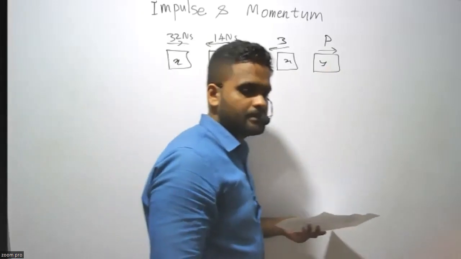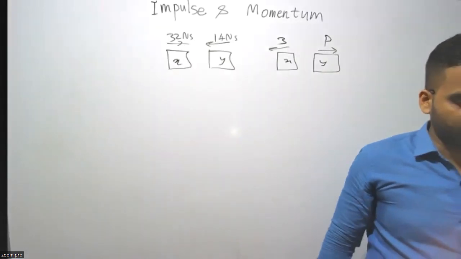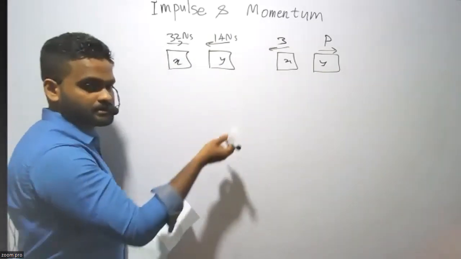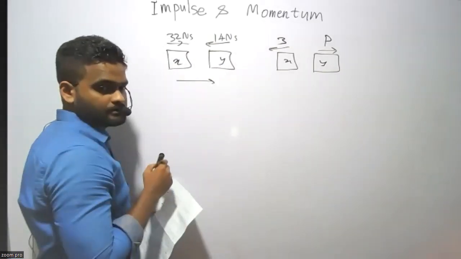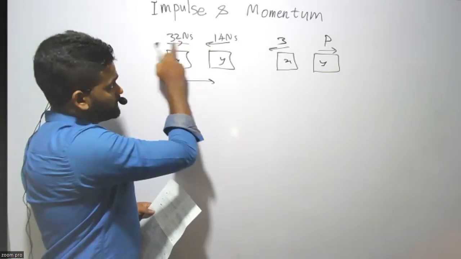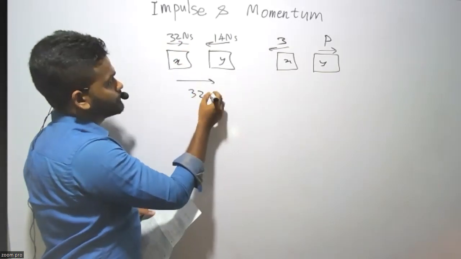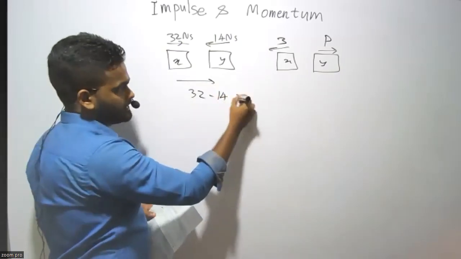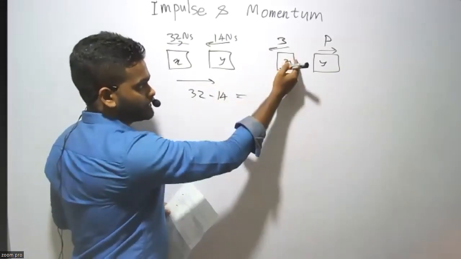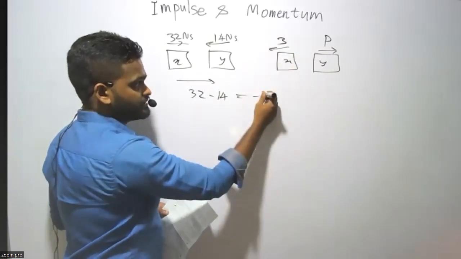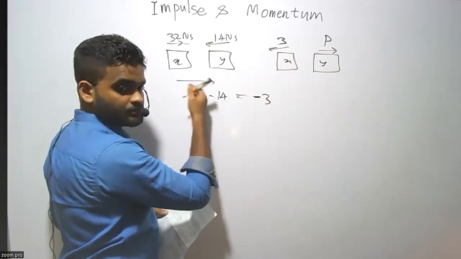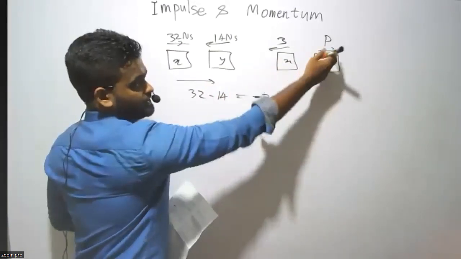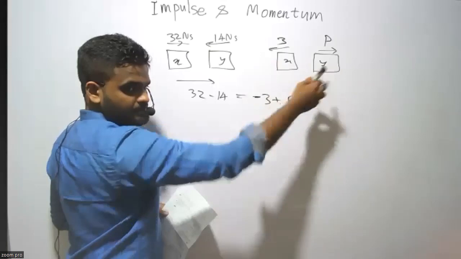Again, just apply, this is easier, right? This is not hard, this is easier. Again, just apply momentum conservation. Let's say to this side, momentum 32. To the other side, 14 minus, right? Equals this momentum. To this side, 3, but it is minus 3 because opposite direction. P plus that.